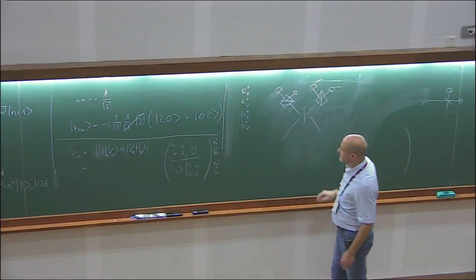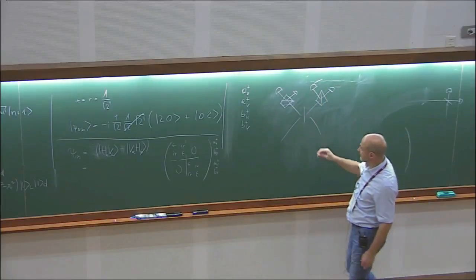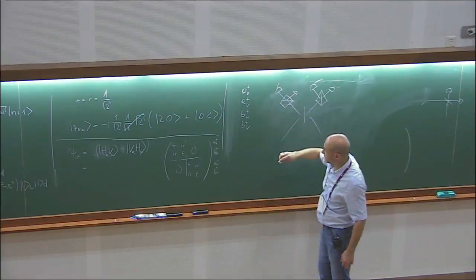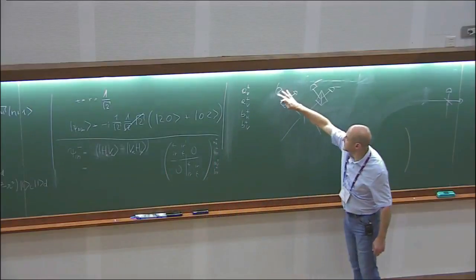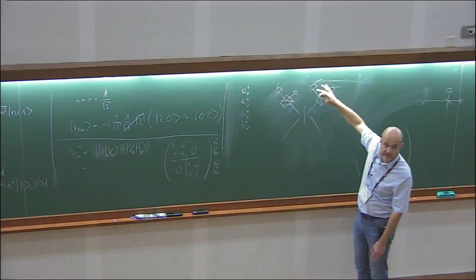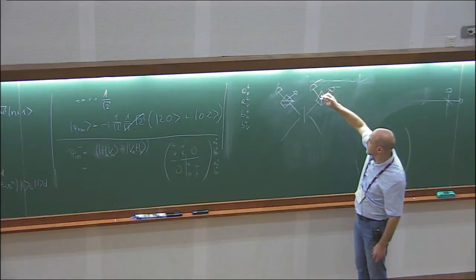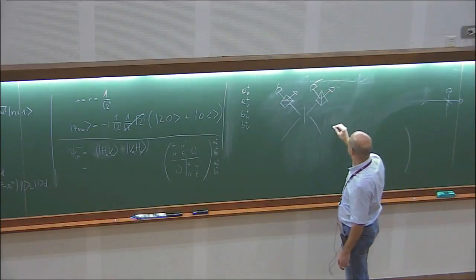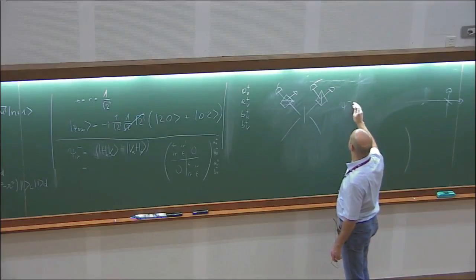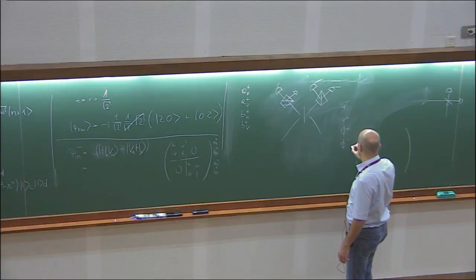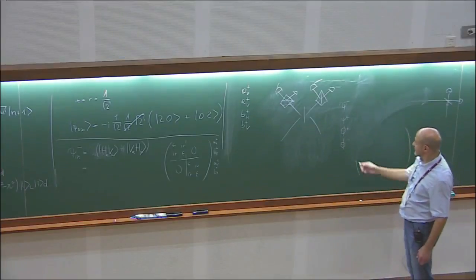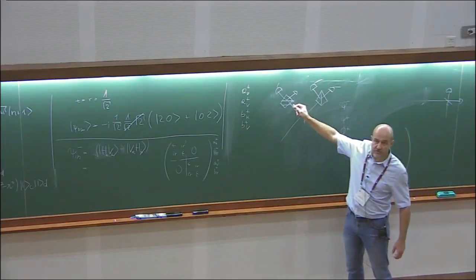In which case you could detect, so for a psi minus, for this one, you would get one photon detected over here and one photon detected there. For the other ones, which are the psi plus, phi plus, and phi minus, in all of these cases, two photons go to either side.